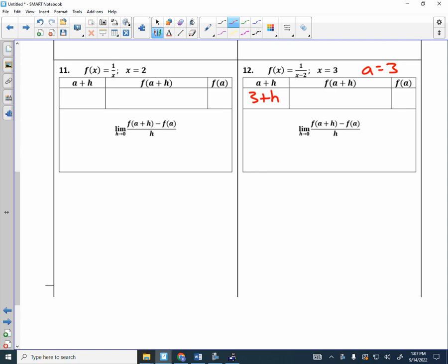What do you get when you plug 3 plus h into the function? Yeah, so I'm going to kind of pair your guys' thoughts together. I get 1 over the 3 plus h minus 2, and you see that that is 1 over h plus 1. So if you want to use some space to simplify, go ahead.